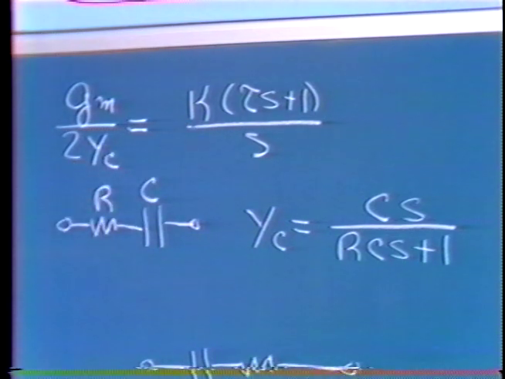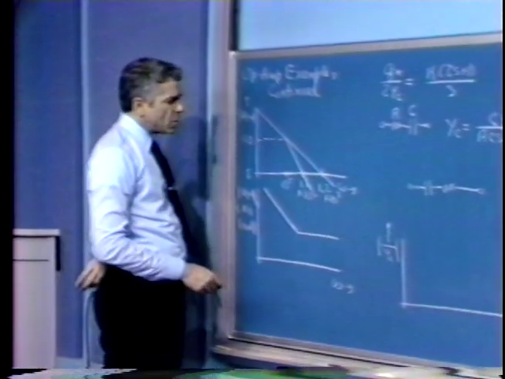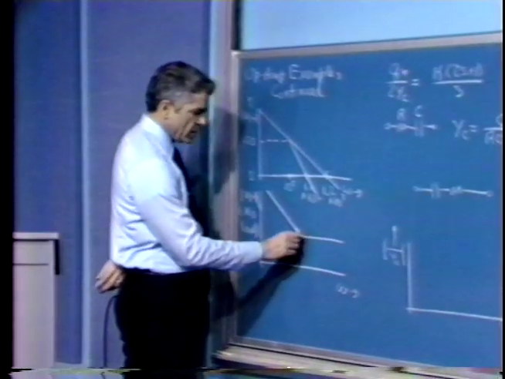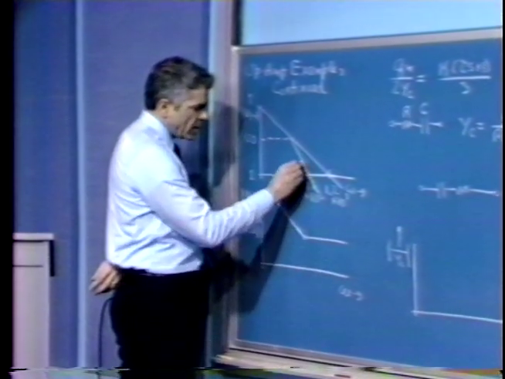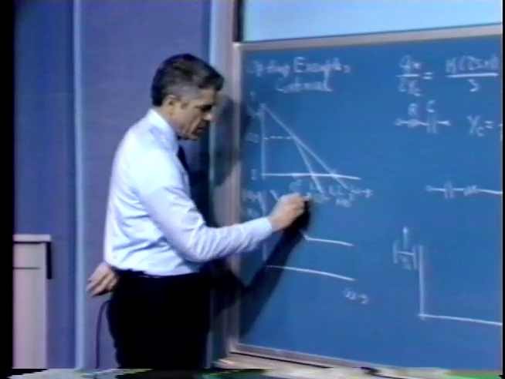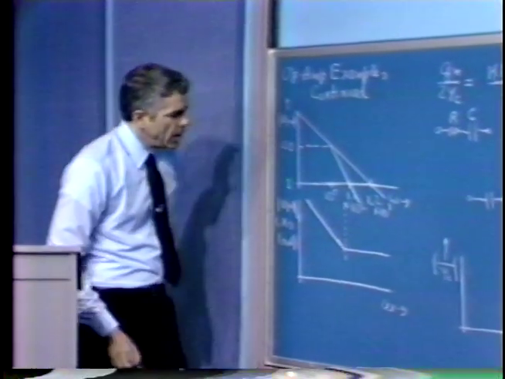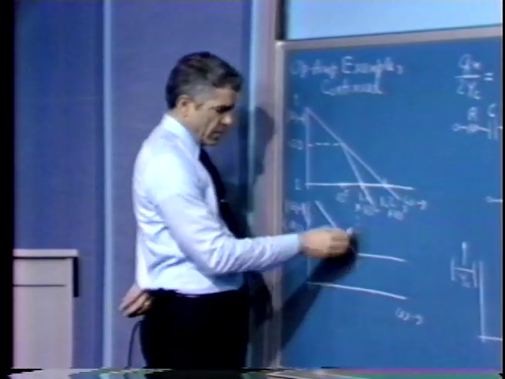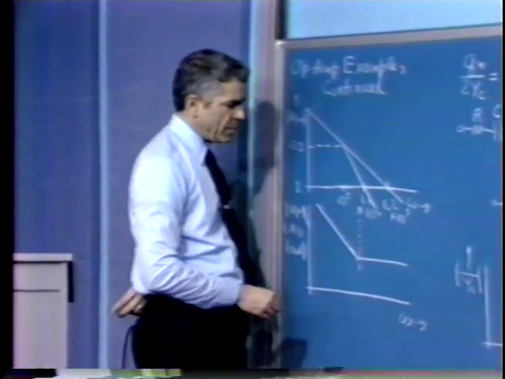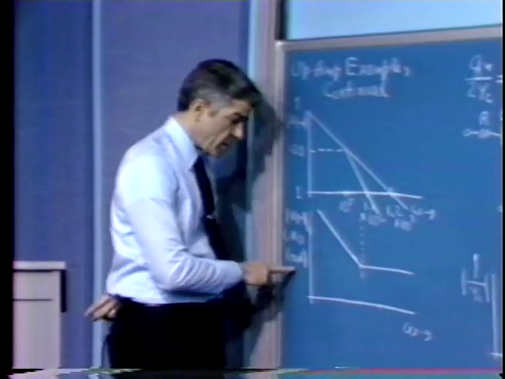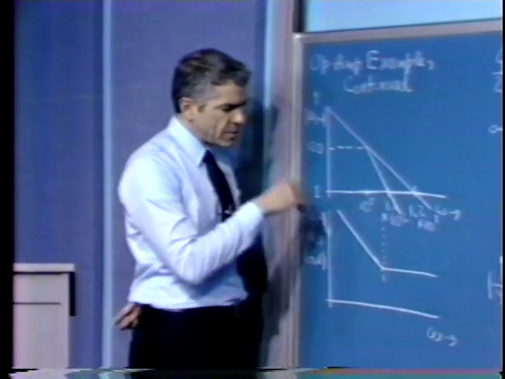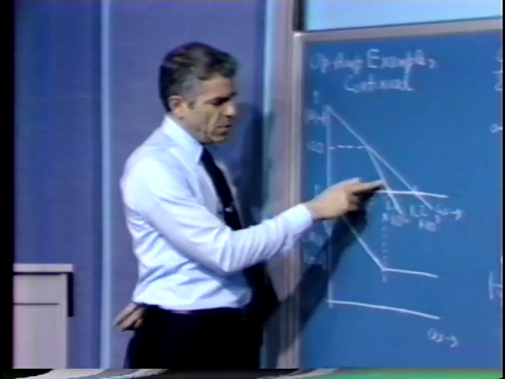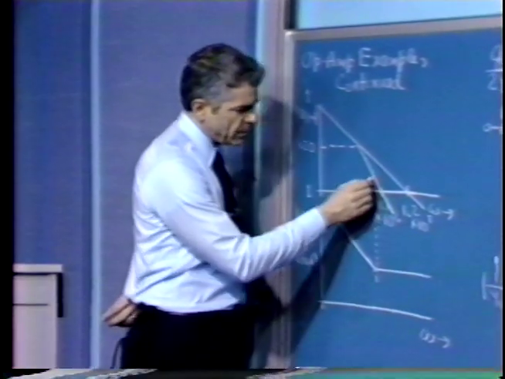And what we might do then is, for example, choose a zero location, as I've shown it, somewhere out in here. If we did that, we'd use that zero from the compensated amplifier open loop transfer function in the absence of load. We'd use that zero to offset the effects of the pole that resulted from capacitive loading.